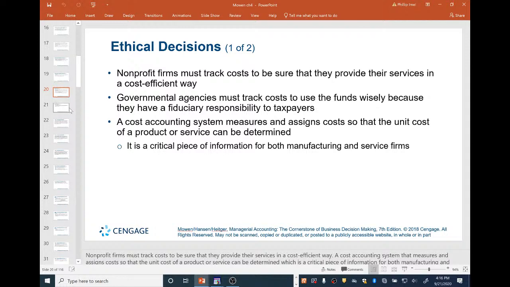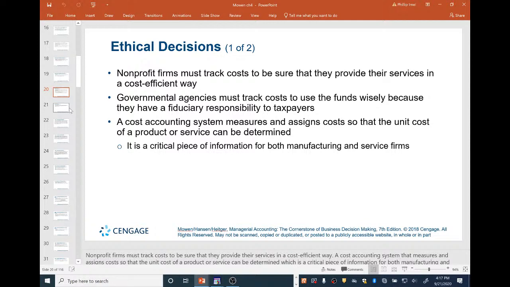Okay, we're dealing with ethical decisions with this chapter. Nonprofits really need to be accountable to show how precisely their operations are running, to show if they're really spending more money on what the actual not-for-profit is for, whatever their goals or objectives are, as opposed to how much money is being paid to administer those goals, like management costs and all that.